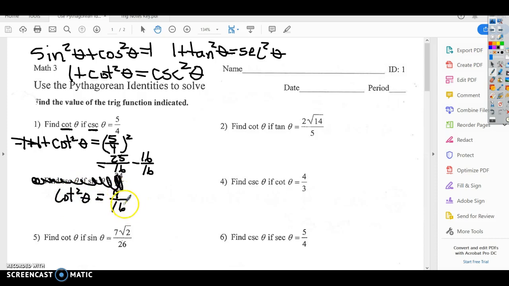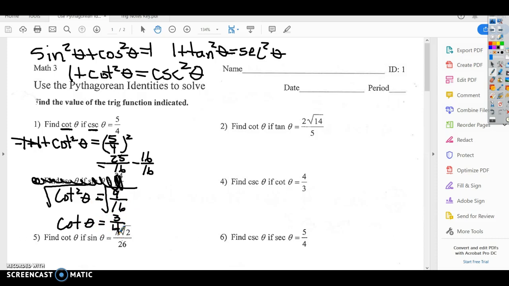And if you notice, these are both nice, perfect squares. So to get cotangent, I take the square root of both sides, and I'm going to have the cotangent of theta is equal to the square root of 9 over the square root of 16. So the cotangent of theta is equal to 3/4.